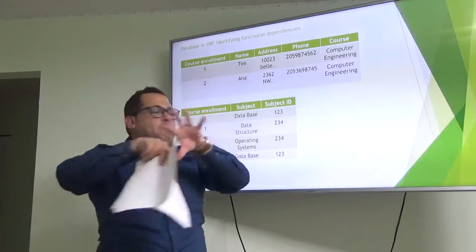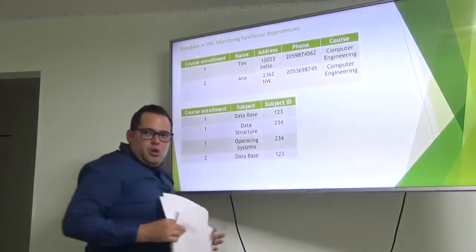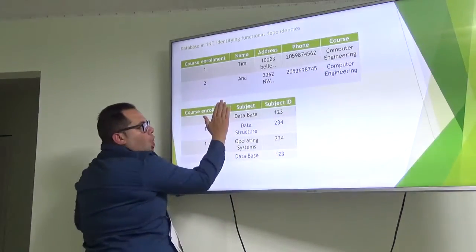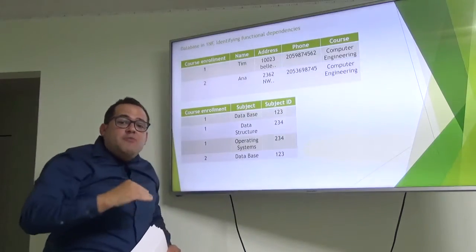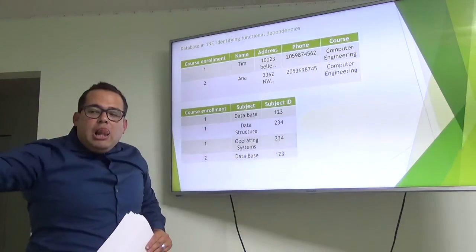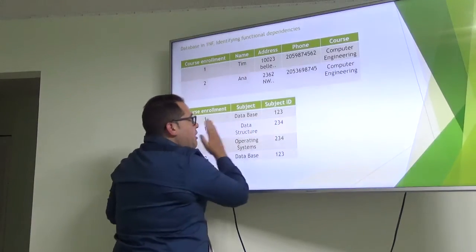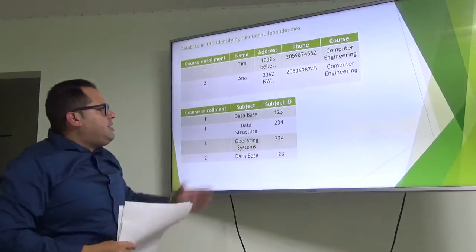We split that table in two tables, okay? One table with only the subject and the subject ID, and the other table, to prevent losing information, with the course enrollment and the subject ID. Let's see the example, please.